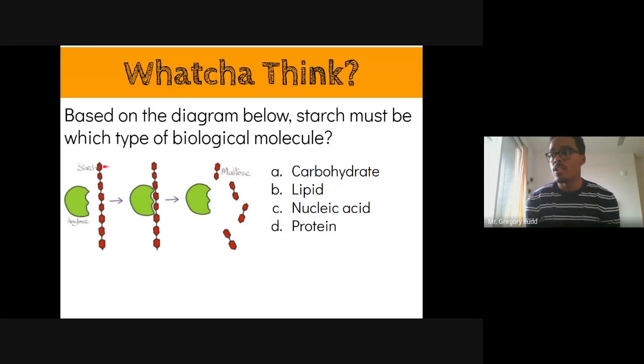So here we've got starch represented with this red chain of hexagons. We can see that once the starch is broken down, it becomes maltose. So starch is being broken down by maltose. Which type of biological molecule is that?